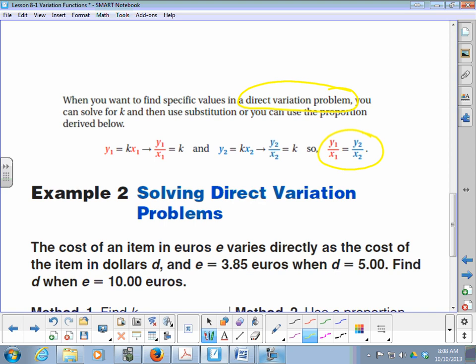In this situation, these two k's are the same thing, so I can say that these two ratios are equal to each other. So what we end up with is a problem that solves a proportion. And so most direct variation problems can be solved just using proportions.